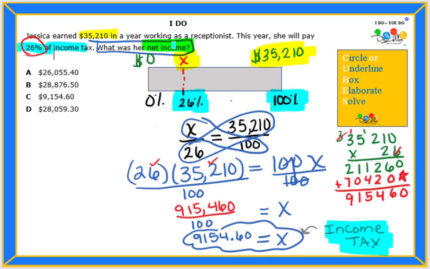So Jessica earned a total of $35,210. But she has to pay back the tax amount of $9,154.60.